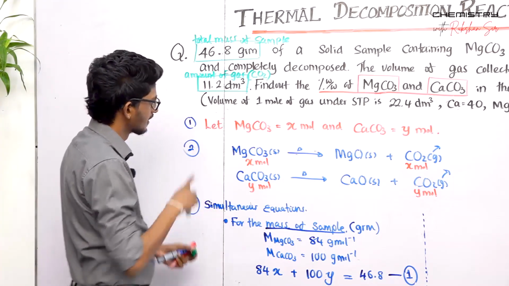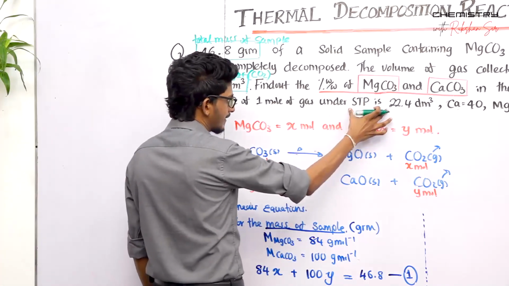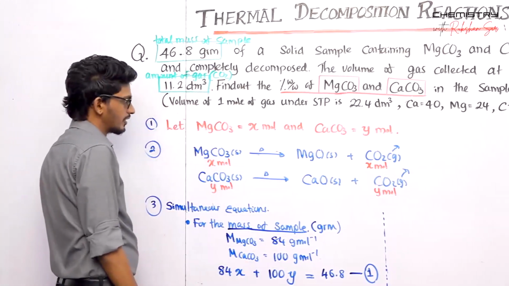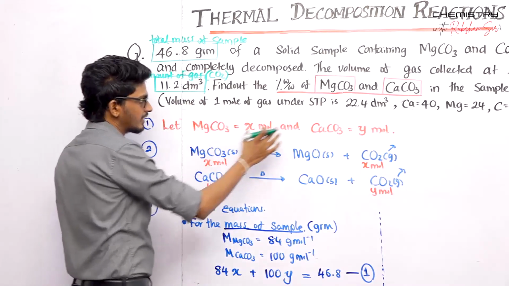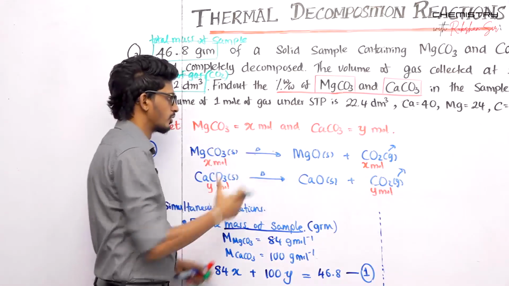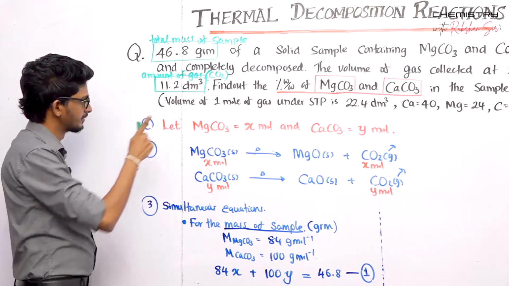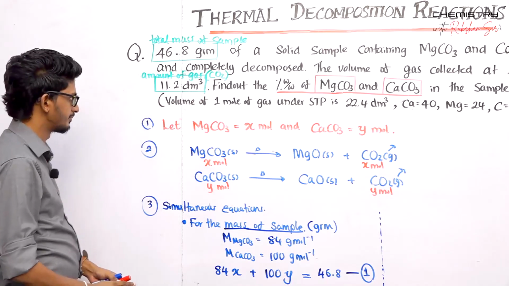Here they have given us some other data: the volume of 1 mole is equal to 22.4 dm^3. So we can convert this volume in decimeters cubed into moles.